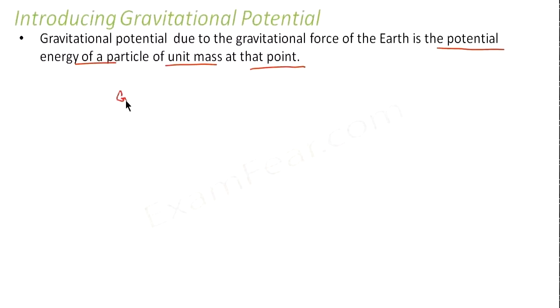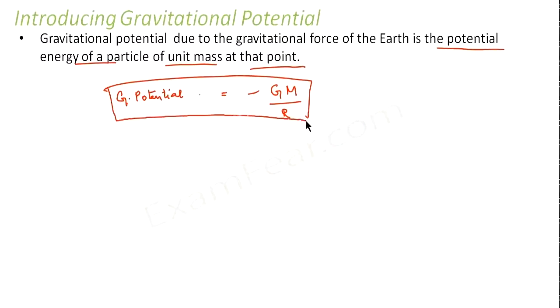So we can say that gravitational potential is equal to minus G M divided by r, because the small m will be equal to 1. So this would be the expression for gravitational potential. So I hope it is clear. Please don't get confused with the similar terminologies like gravitational potential energy and gravitational potential. They both are two different quantities altogether.